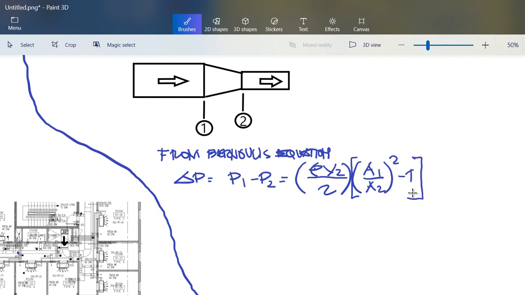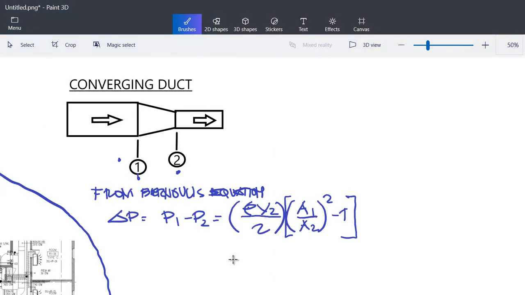So we have the equation now, where P1 is the pressure at point 1, and P2 is the pressure at point 2. So let's define that. Take note the unit will also be in Pascal.